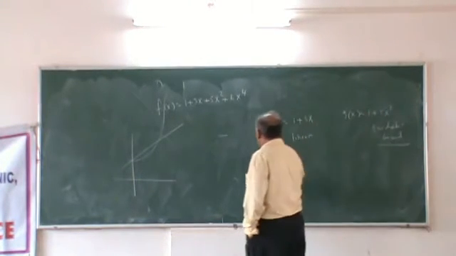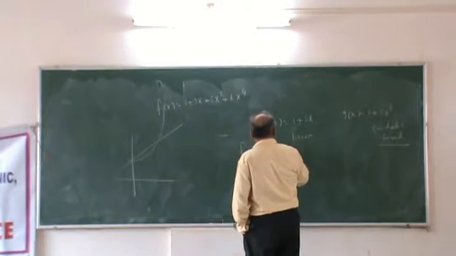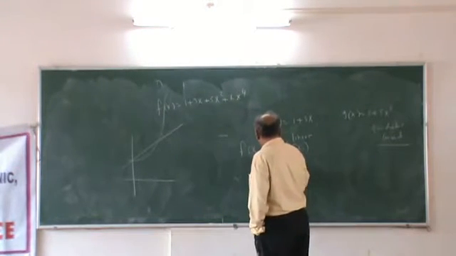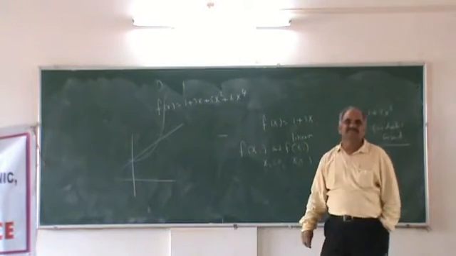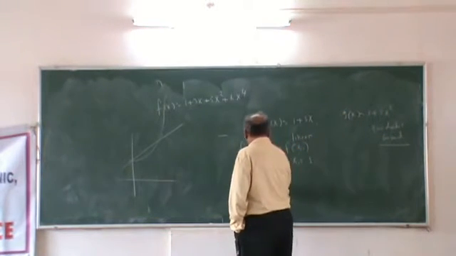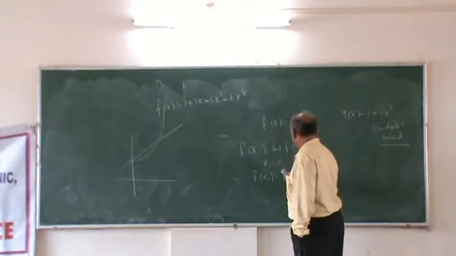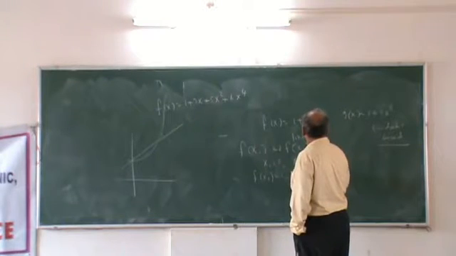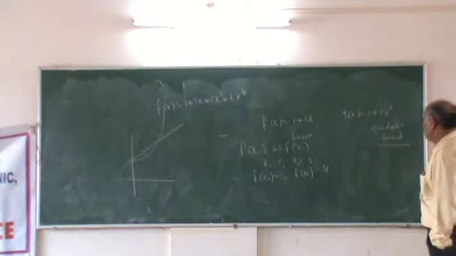So now I compute f of x0 and f of x1 for some x0, x1. Say I will take x0 equal to 0, x1 equal to 1. I compute the value of this. My f of x0 is what? 1. Am I right? Yeah. What is f of x1? 4. 1 plus 3 times 1, 4.